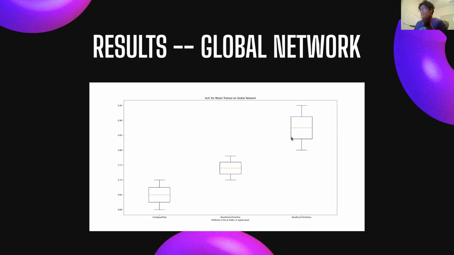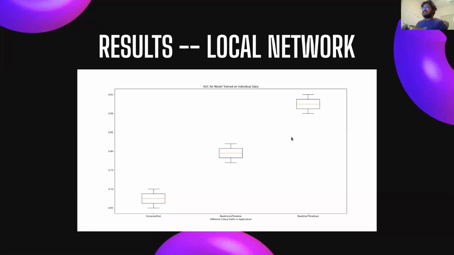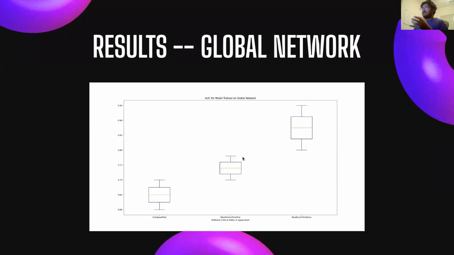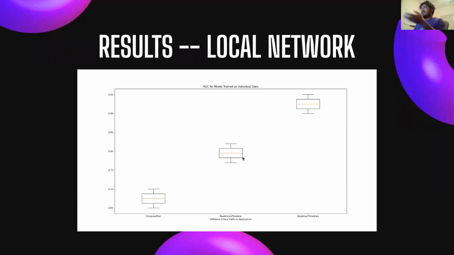These are not the same, and this is important because when I trained a network for each of the critical paths separately, the variance was the same, around 0.04 to 0.05 in all the cases. The median AUC is also higher compared to the global network, where the median AUC was around 0.65 for compose post, and this is around 0.67 to 0.68. Similarly, you can see the trend is higher for each of these critical paths.